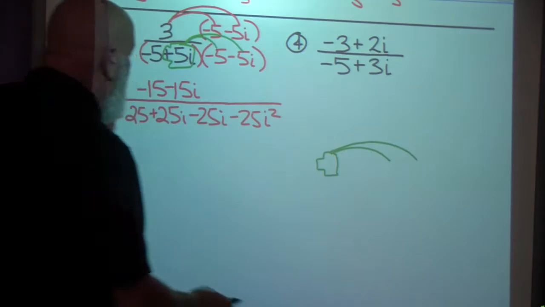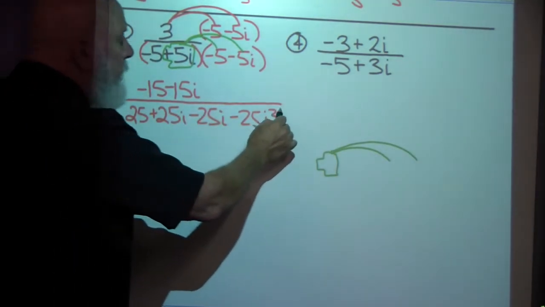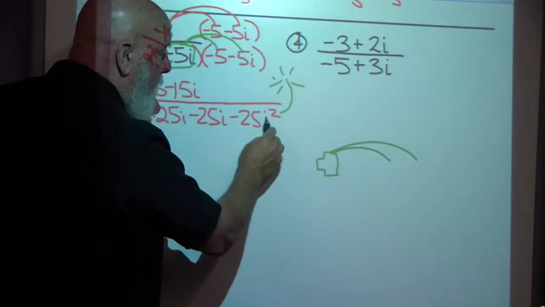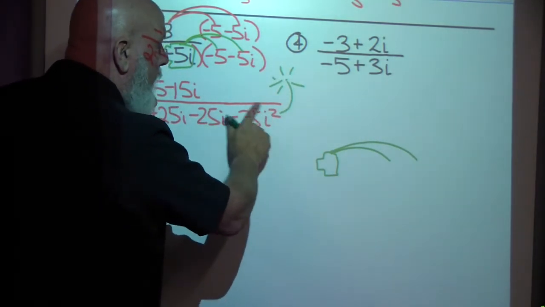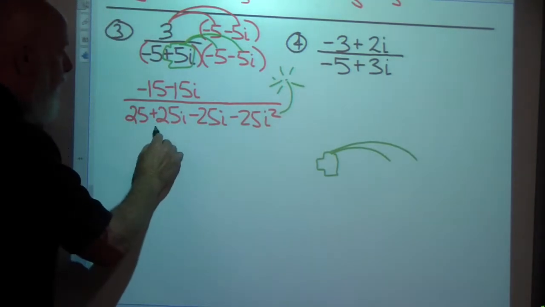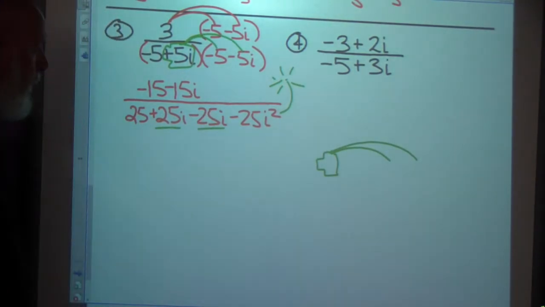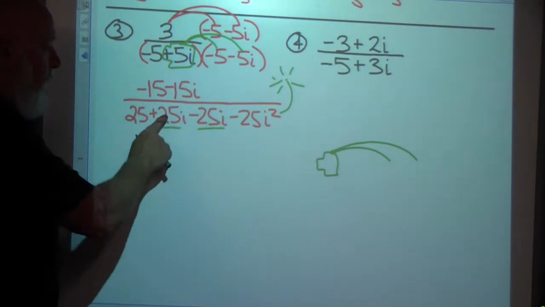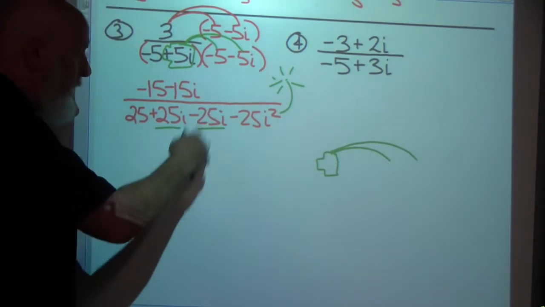Now if you look at this real carefully, when I go to combine my like terms, I have to remember that I squared is going to turn into a negative 1. So this is negative 25 times negative 1. This will turn into positive 25. Let's look at these 2 terms. They're going to be exact opposites, which means they're going to turn into 0. 25I minus 25I is 0.